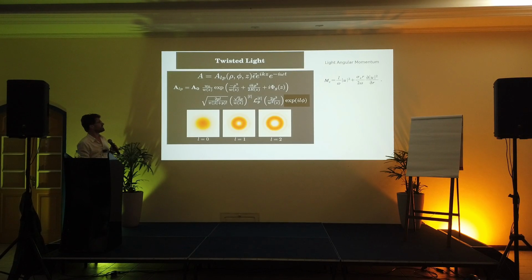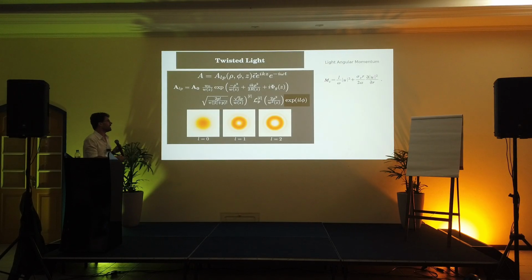But very interestingly, as I showed you, there's this extra azimuthal part. This phi is the azimuthal coordinate that runs around the beam axis.